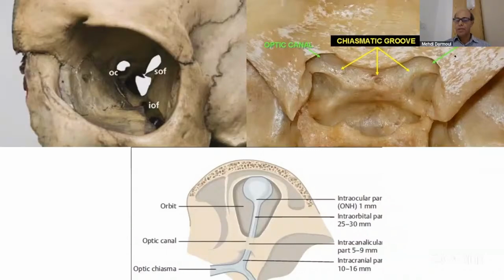To put it in a nutshell, this figure shows the four anatomical segments of the optic nerve.